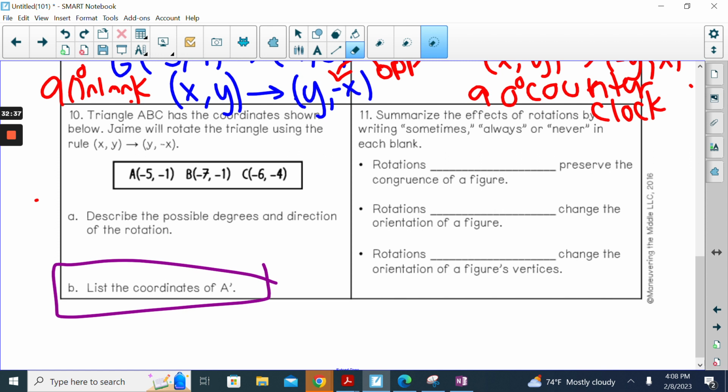The sheet that goes with this is in the classwork of the OneNote, and it is labeled Rotations on the Coordinate Plane Classwork. And that is your assignment for today. When I get back, I'm going to check that you filled in your guided notes. Make sure that you attempted 10 and 11.